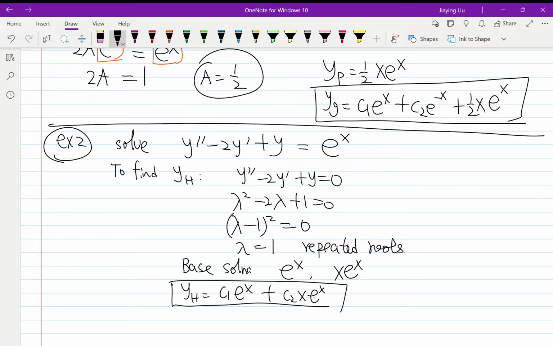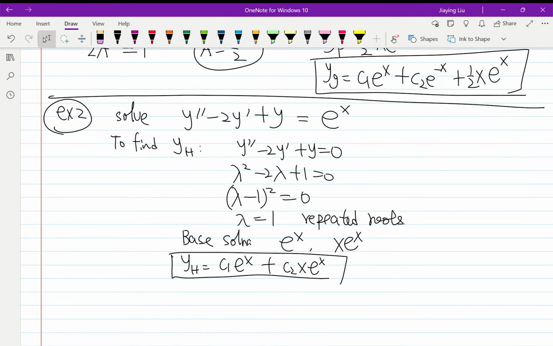Any questions about finding the homogeneous solution? So when you find the lambda, it's a repeated root, right? So that means when you write down the general solution for the homogeneous equation, you have e to the x by using lambda equal to 1. But then we have to multiply that e to the x by x. So the second term is c2 x e to the x.